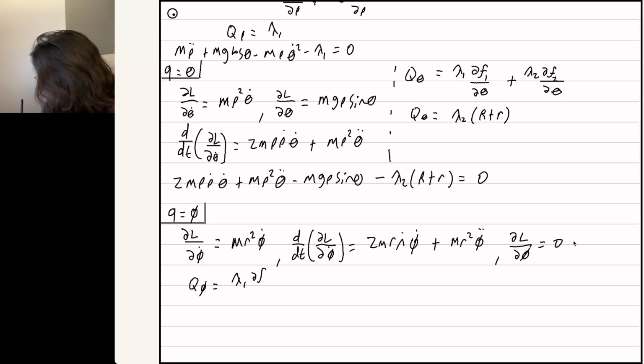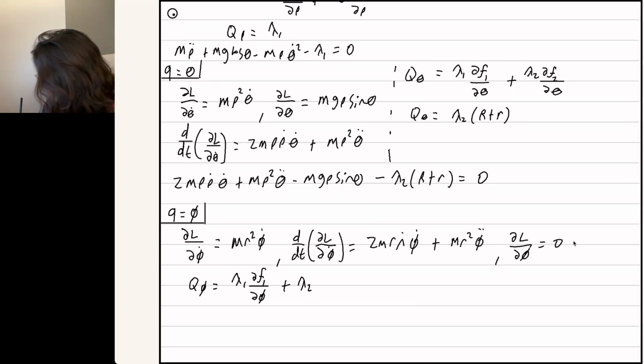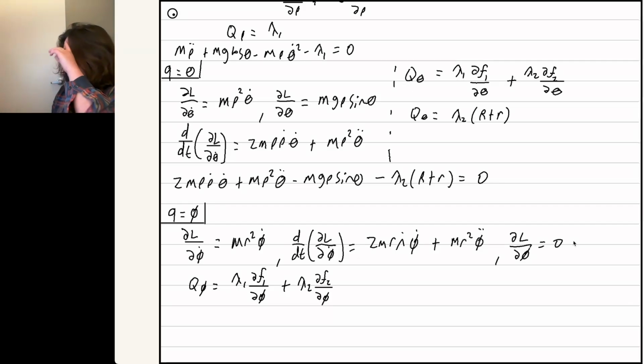Then for our Euler-Lagrange, we need to calculate Q phi: lambda 1 del f1 del phi plus lambda 2 del f2 del phi. Now, f1 didn't depend on phi, f2 did. The partial derivative will be minus r. Q phi equals minus r lambda 2. Okay.